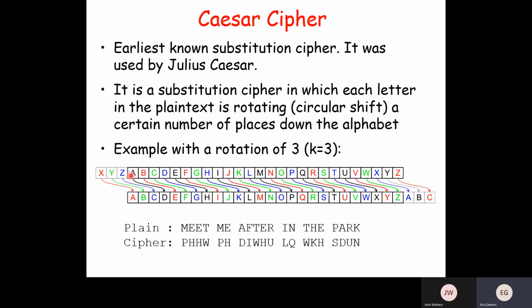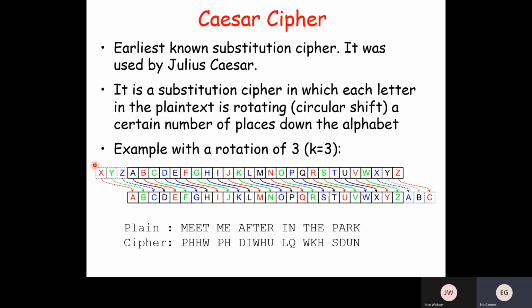So if you shift A 3 positions, 1 position, 2 positions, 3 positions, A will be substituted by D. This is what I'm showing here. A becomes a D. B, if you shift it 3 positions, 1, 2, 3, B will become an E.